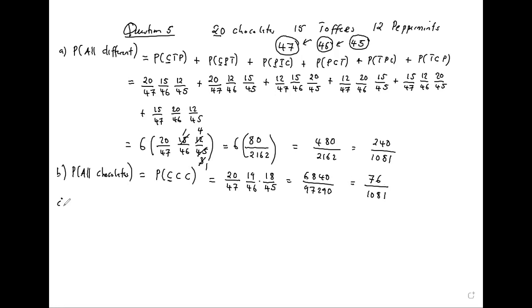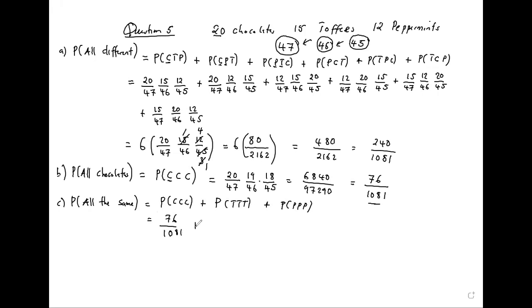Then C, the probability that they are all the same. So all the same would imply you have chocolate, chocolate, chocolate, or toffee, toffee, toffee, or peppermint, peppermint, peppermint. Chocolate, chocolate, chocolate, you have already found here, 76 out of 1081.